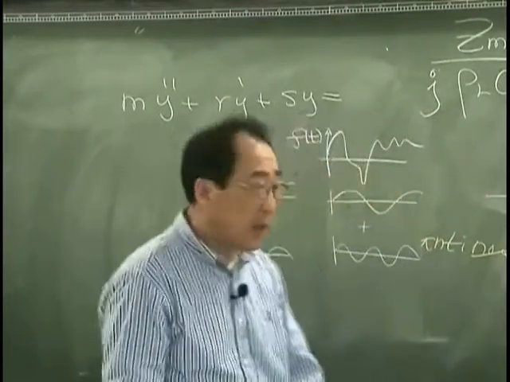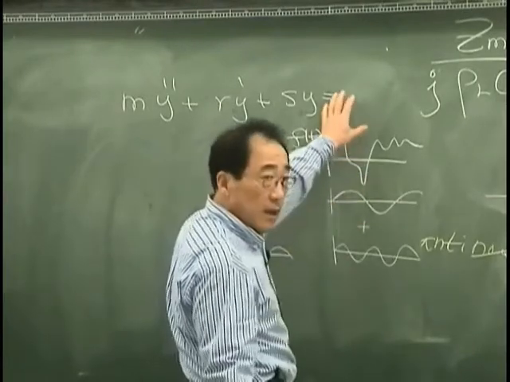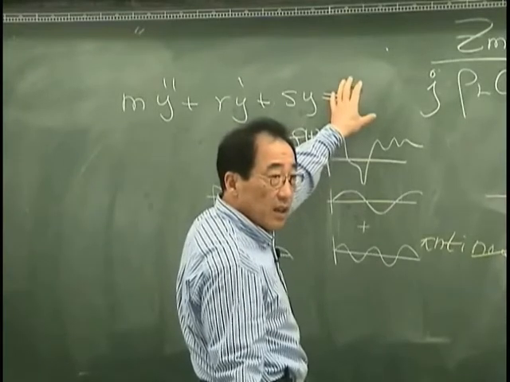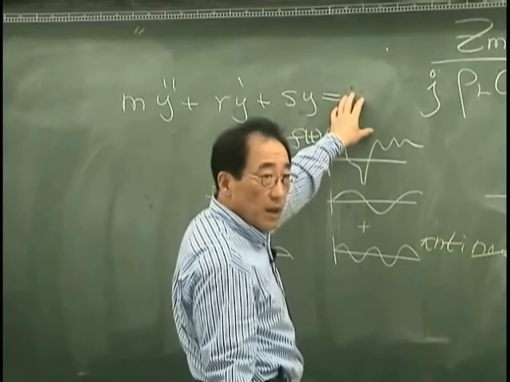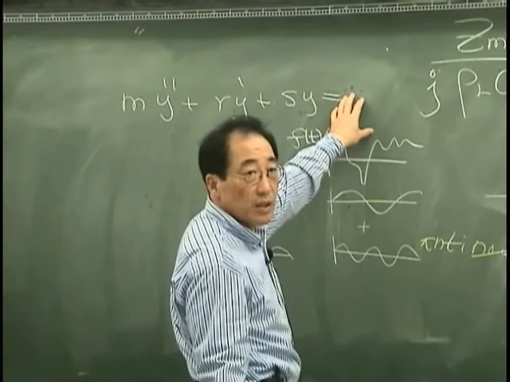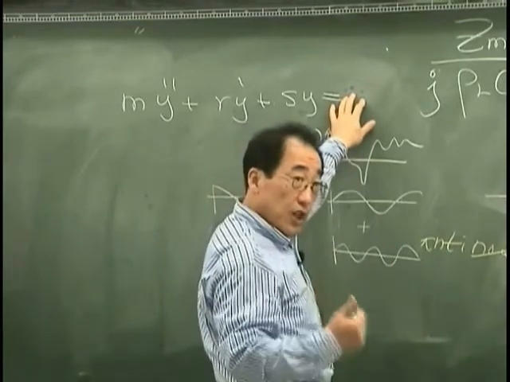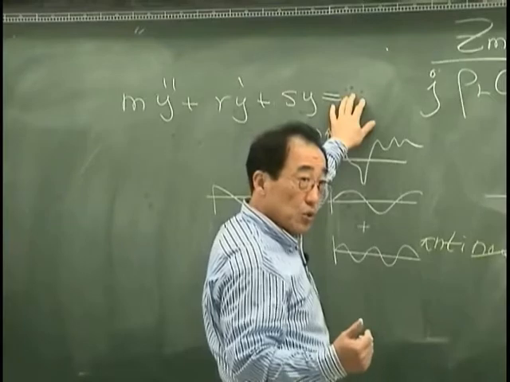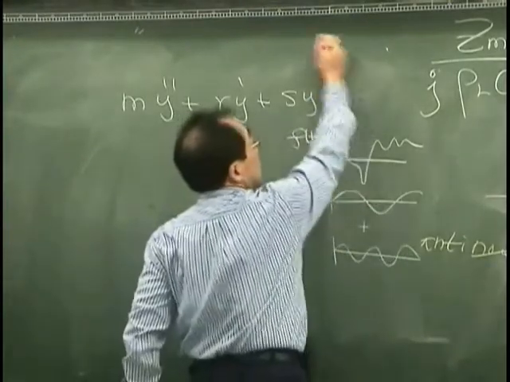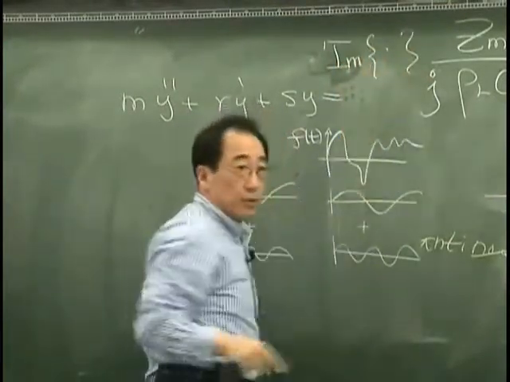So somebody says that, okay, then why don't I say I am exciting with the complex function y exponential j omega t. And if I want to take only the response due to sine excitation, then why don't I say the imaginary part of the excitation I am doing.